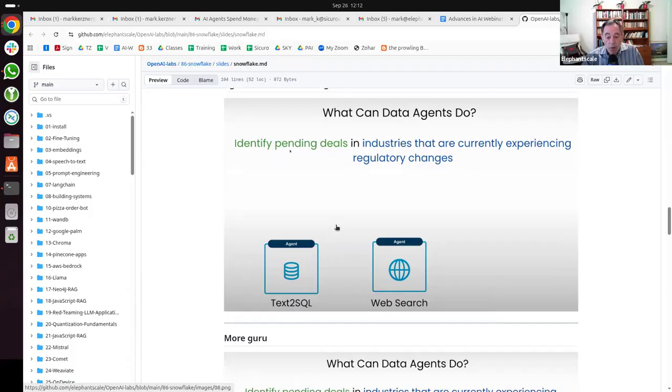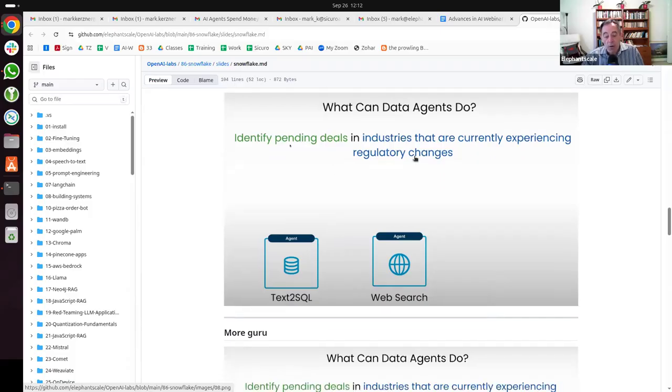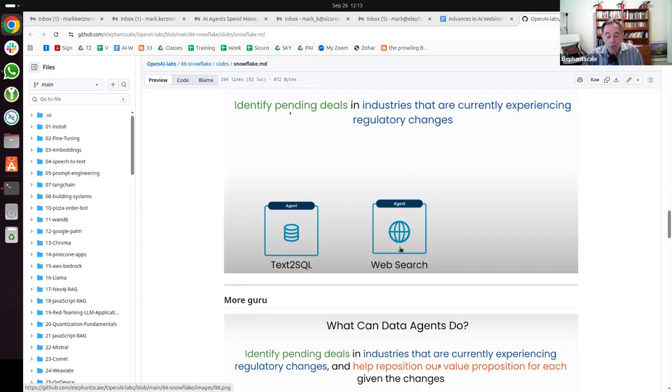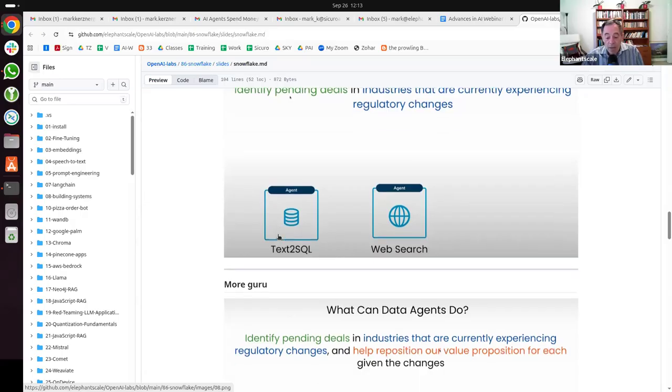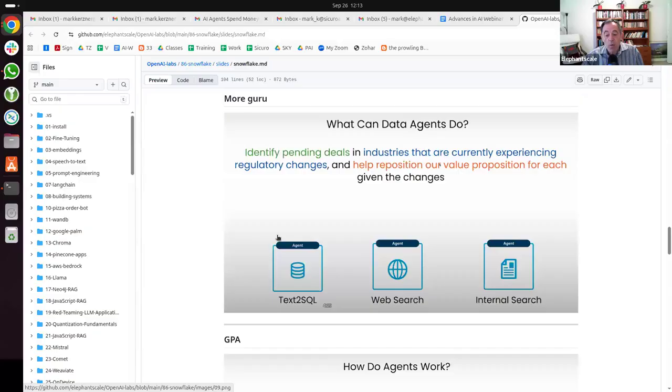And what you will want to do is search, very practical, bring in the money: identify pending deals in industries that are currently experiencing regulatory changes. That is something that you would hire a human to research, and that's exactly what the agent is going to do. So it will search, it will understand, and it will do one more thing, internal search.